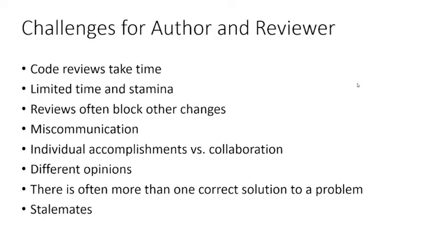This happens all the time. It's even more pronounced in written communication because we don't have the nuances of verbal communication. We don't have the visual cues of face-to-face communication. So there's a potential to miscommunicate and misunderstand what we're trying to do. And this whole code review process is very much about communication.